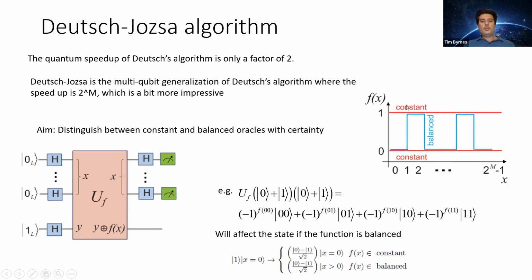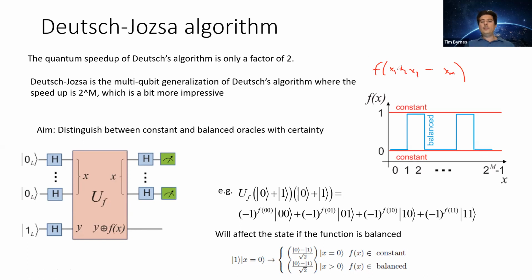If it's got m bits, there are 2 to the power of m different input results. Maybe you can think of this as f of x1, x2, a multi-bit input.